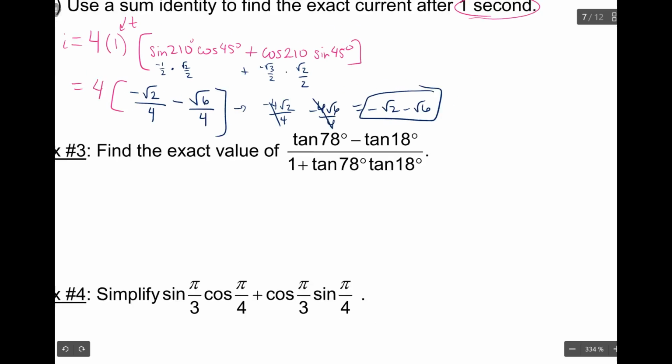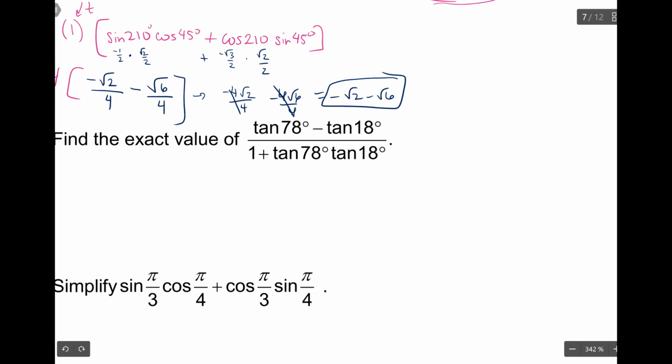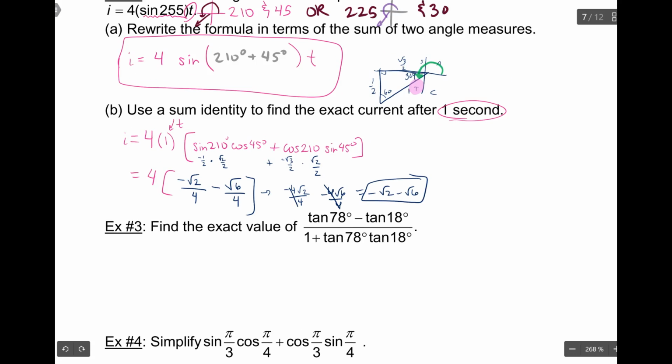So really what we're doing here is going the opposite direction. We're going to condense it. Before, we've been taking a sum of two angle measures and using a sum identity to expand it out, but here we're going to do the opposite.